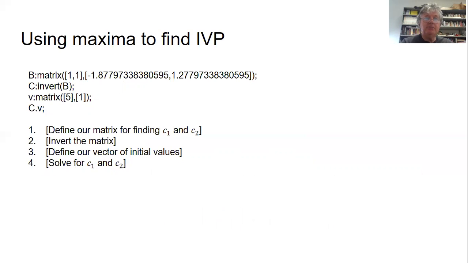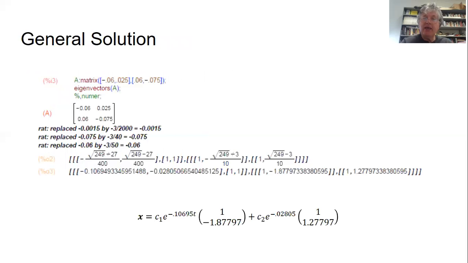I'm going to invert B, and I've defined there our vector of initial values, and then B inverse dot V is going to solve for C1 and C2. Because if you look back here at our equation, we want that to equal the vector 5, 1, and so you can think of this as a matrix times that vector C1, C2.